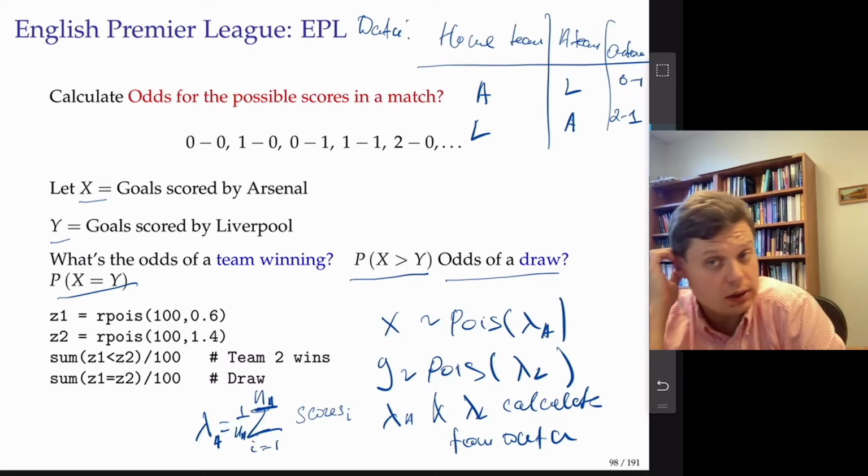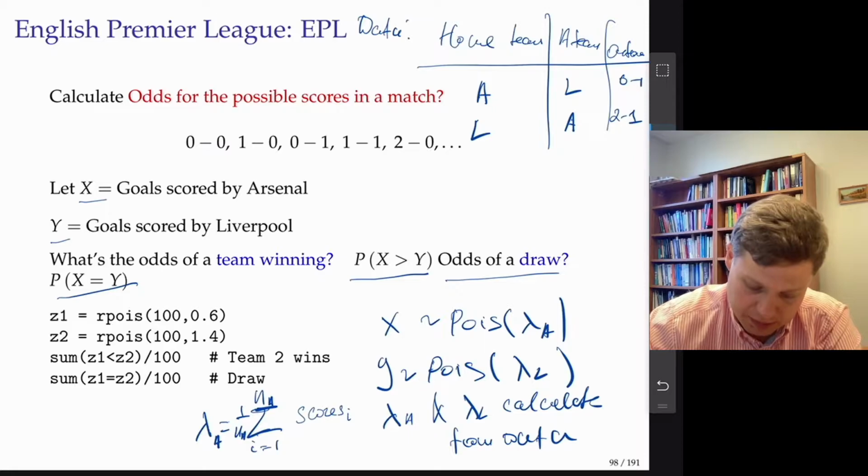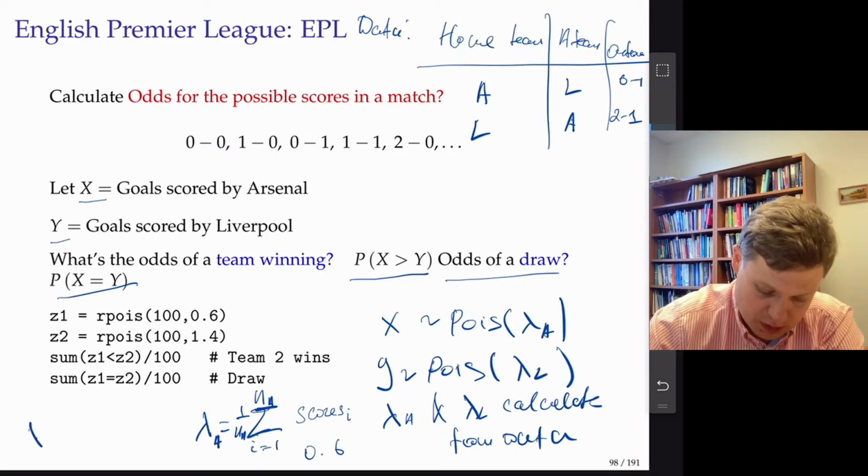And the same way I calculate lambda for the Liverpool, and let's say I calculate it for Arsenal and it happens to be 0.6, and for the Liverpool it's 1.4.